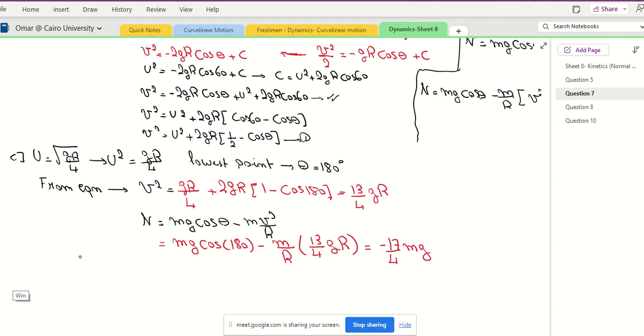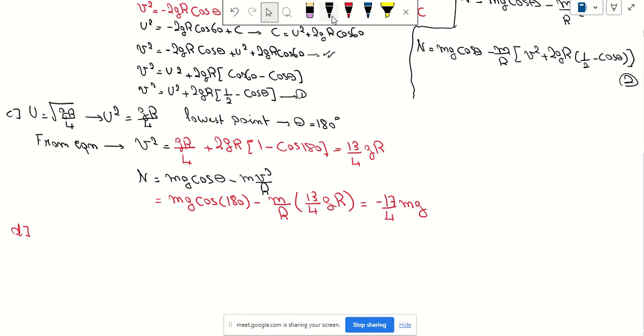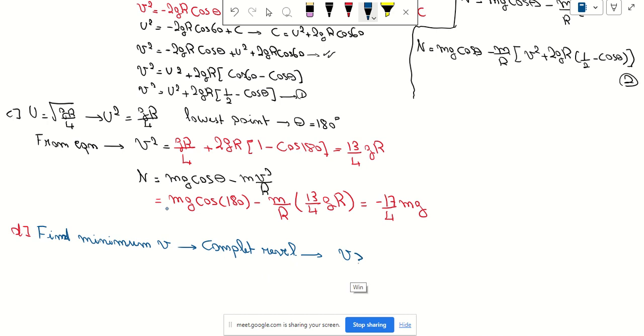So D is to find, in blue, the minimum V to have a complete revolution. And this means that V should be greater than or equal to 0 at the highest point.